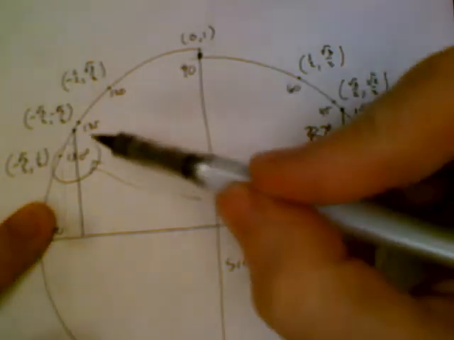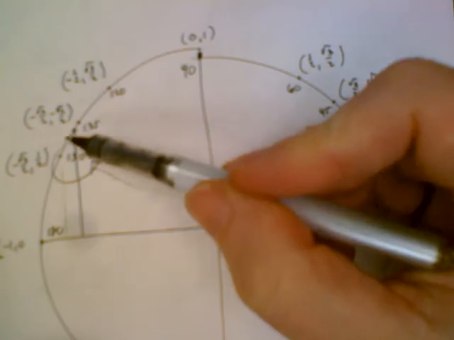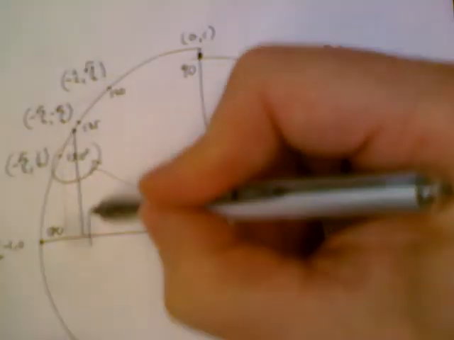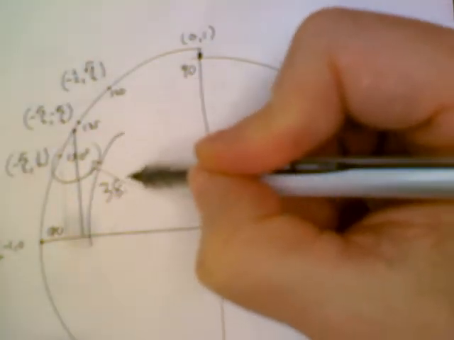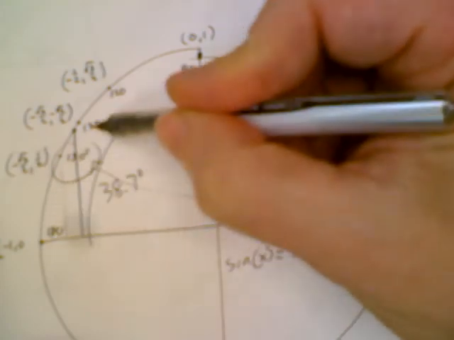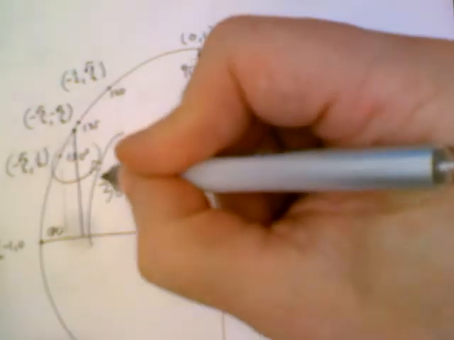Now, if that is 38.7 degrees up from 0, this point over here would be 38.7 degrees going backwards from 180.